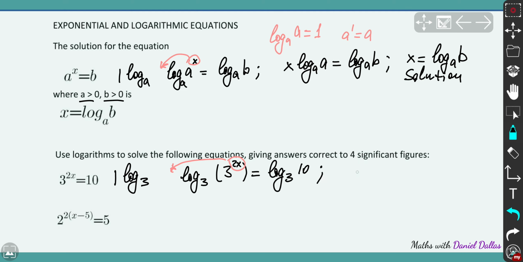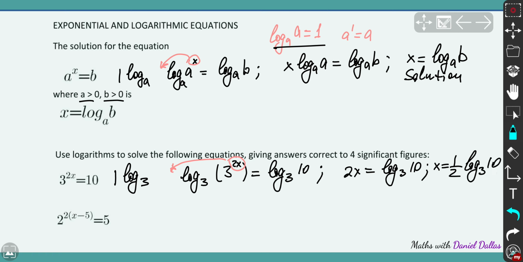So we get 2x times log base 3 of 3, but this is 1. So 2x is equivalent to log base 3 of 10. Finally, x is going to be a half, 1 over 2, of log base 3 of 10.